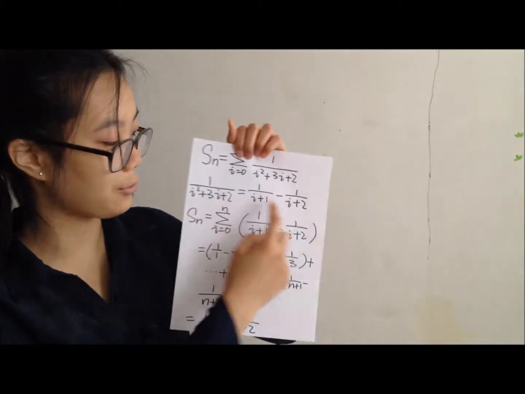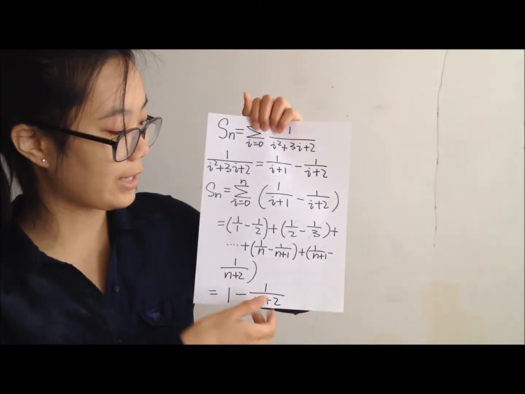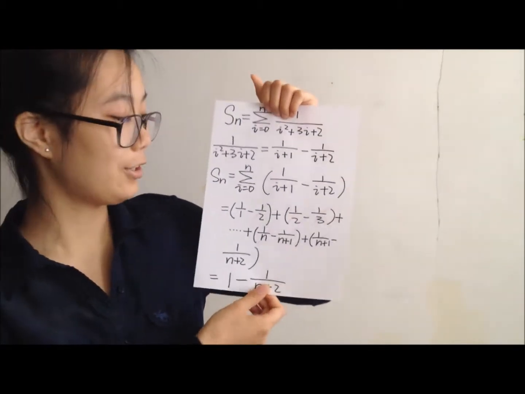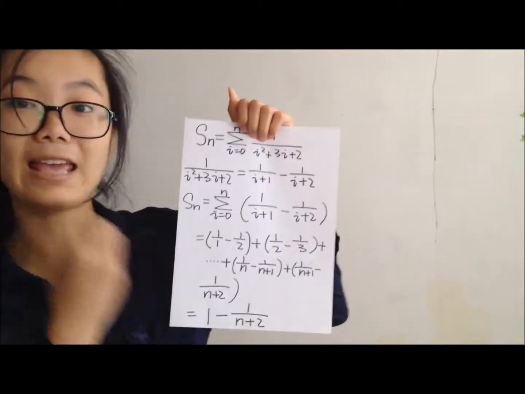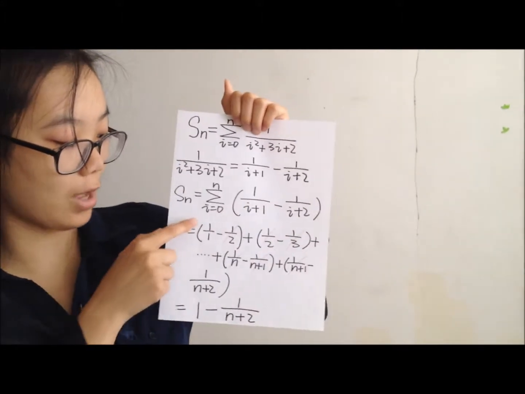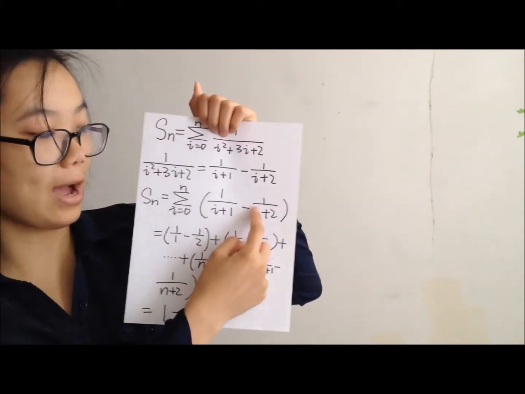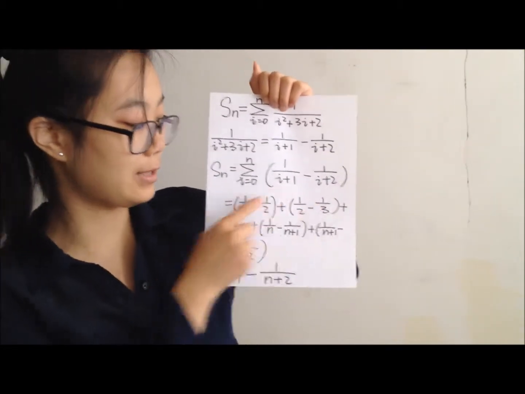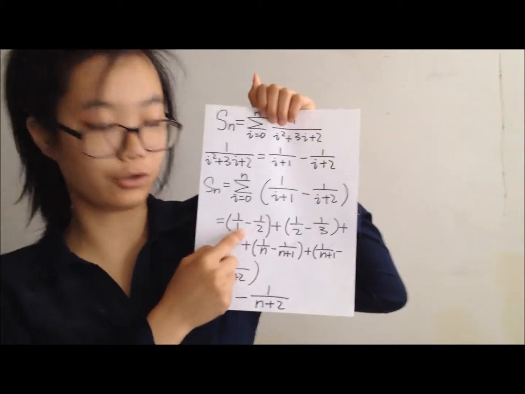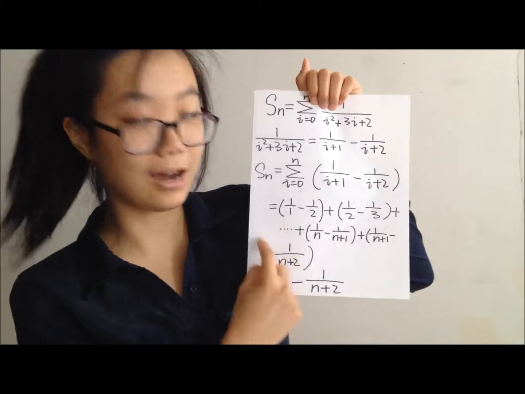Now that's easier. So since we got the partial fraction from this one, we can just try to write it out. When i equal to 0, this one will be 1 over 1, minus 1 over i plus 2, which in this case, when i equal to 0, will be 1 over 2. And then we just write it out.